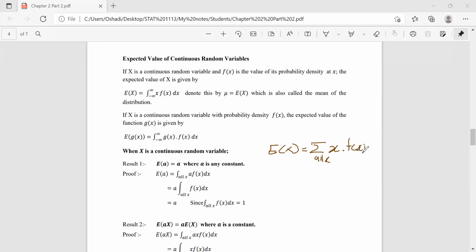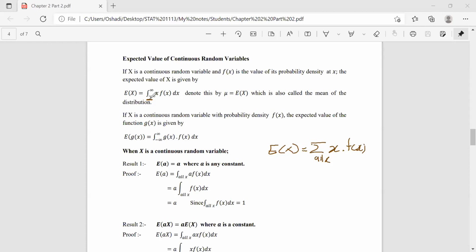Right? Summation. Instead of the summation, here we put the integration for all x, minus infinity to plus infinity, x fx dx. Right? In place of summation, the summation replaced by the integration. That is the only difference. Denote this by mu equals ex, which is also called the mean of the distribution.